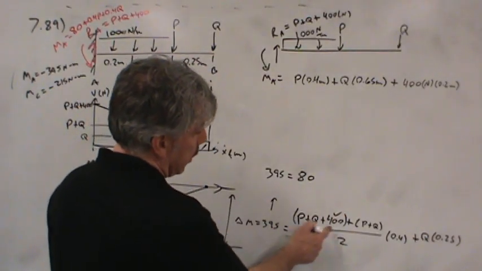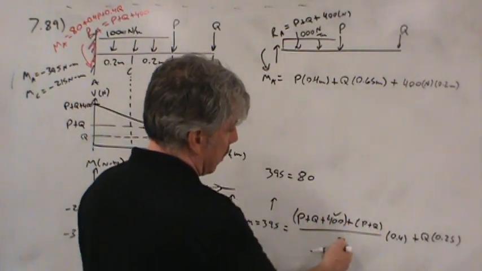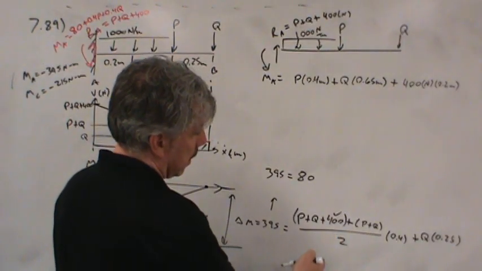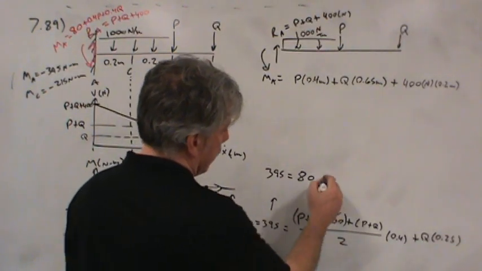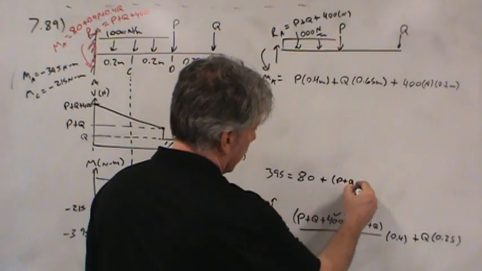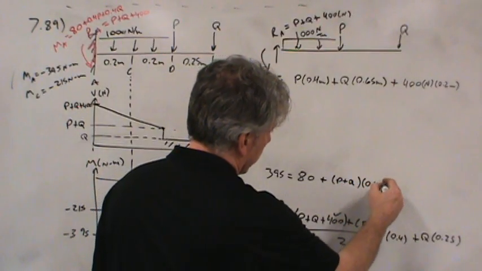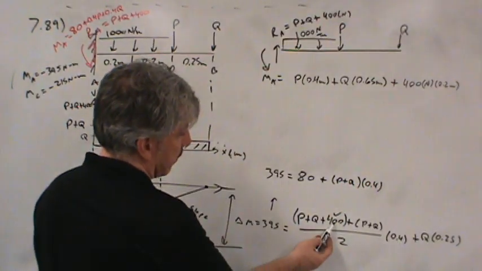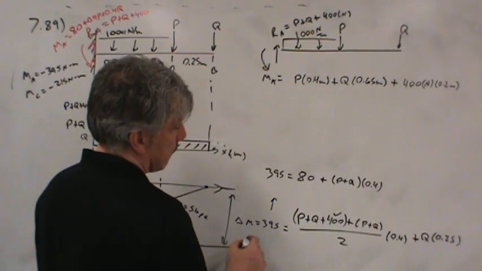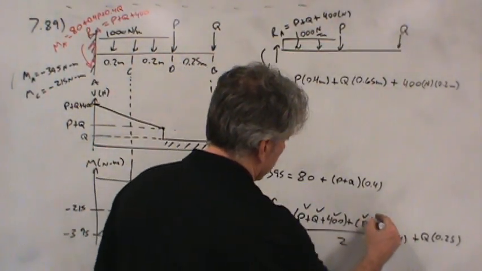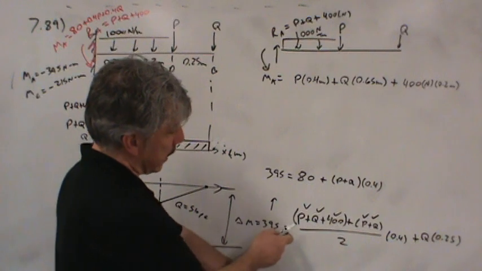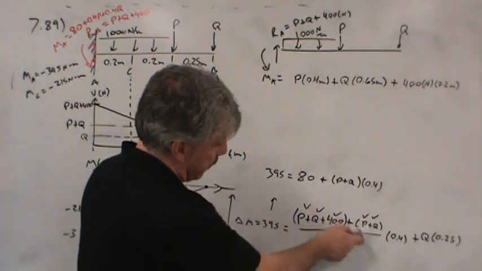Notice there's a P plus Q, so that's 2P, 2Q, right? But divided by 2 is just P plus Q times 0.4. I've already multiplied this 0.4 by this. So that takes care of the rest of this stuff. Remember, 2 P's, 2 Q's, divided by 2 is just a P and a Q times 0.4.